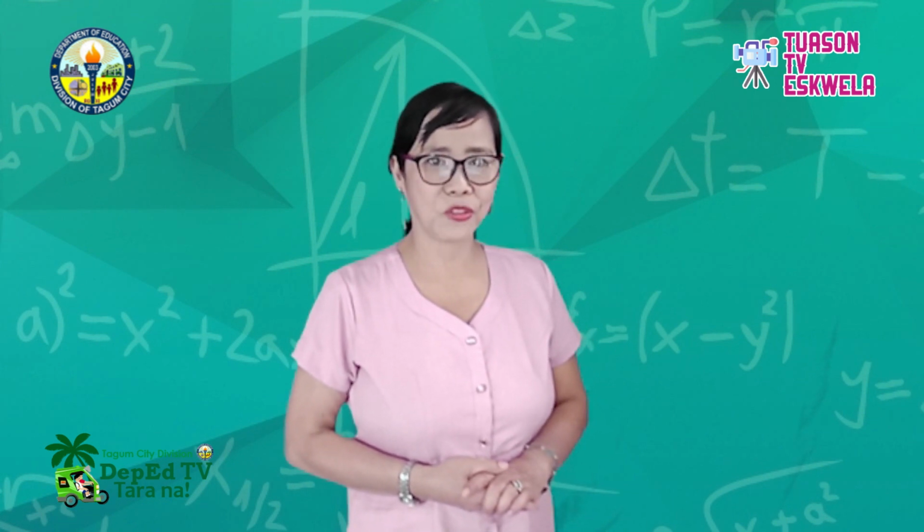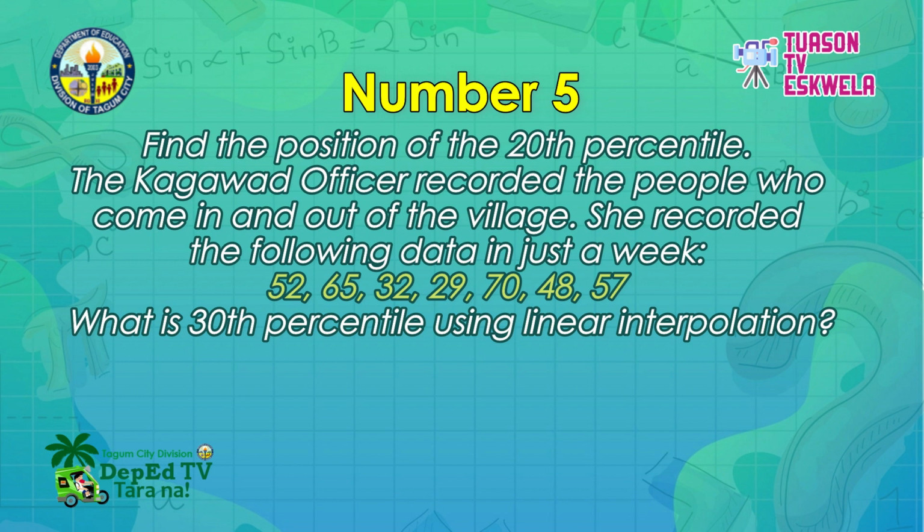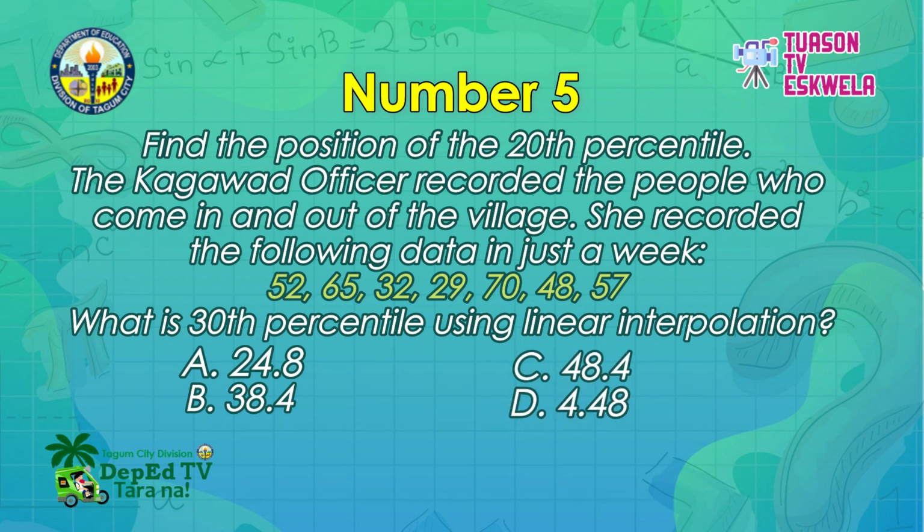For the number 5 question, the Kagawad officer recorded the people who came in and out of the village. She recorded the following data in just a week. These are the data. What is the 30th percentile using linear interpolation? Choices are letter A, 24.8, B, 38.4, C, 48.4, and letter D, 4.48.